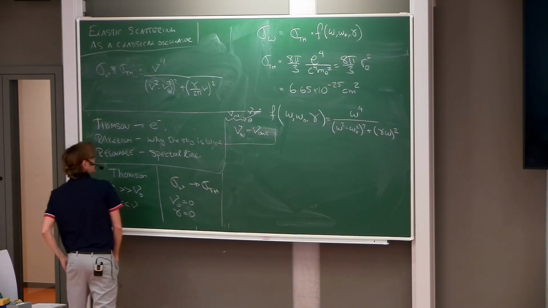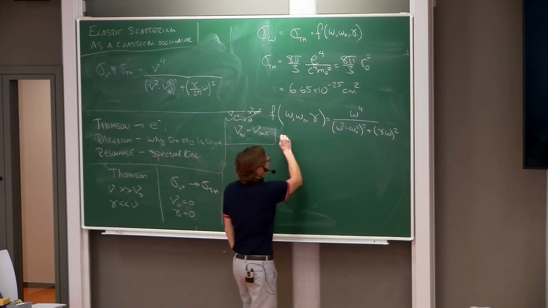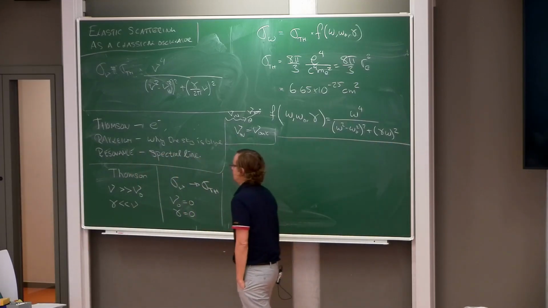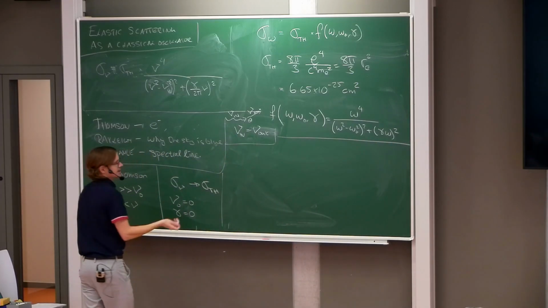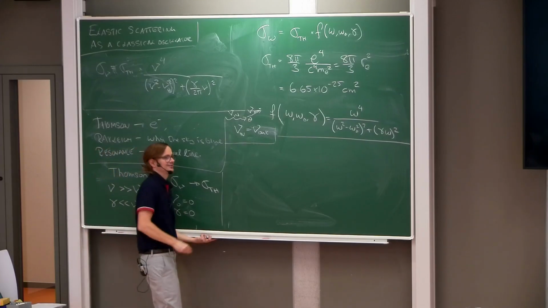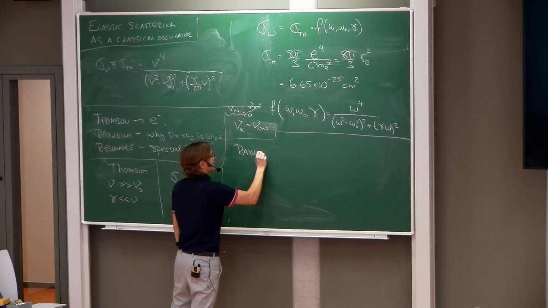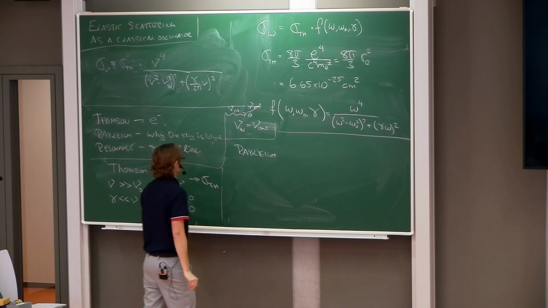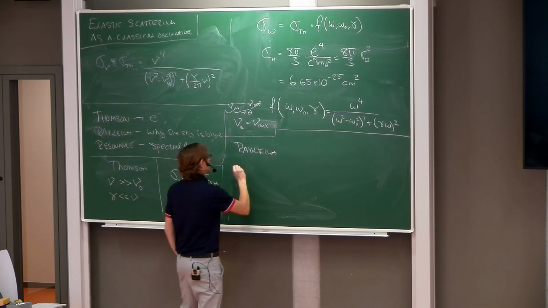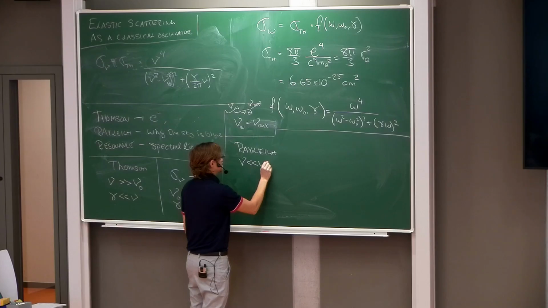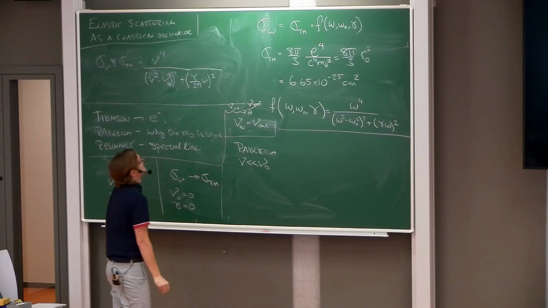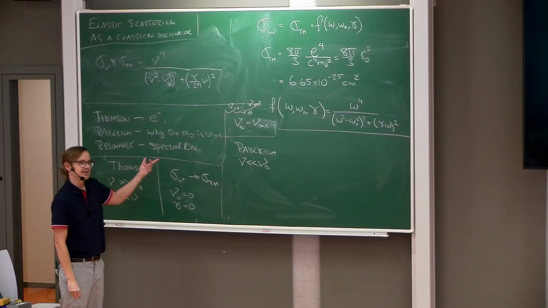All right, next. Okay, so we took this limit. Let's take the opposite then. That's the easiest way, right? That's called the Rayleigh scattering limit. So that's when, again, nu is much, much smaller than nu 0, and again, we're going to take the case that the damping is weak.